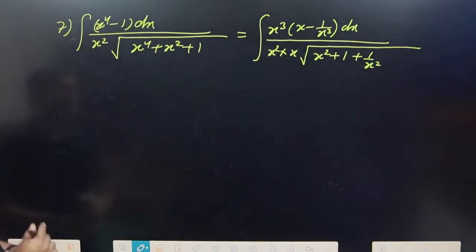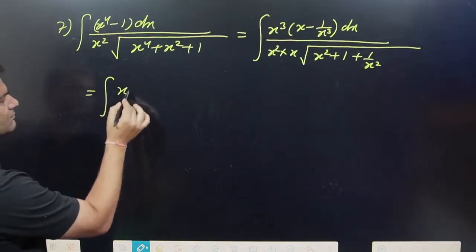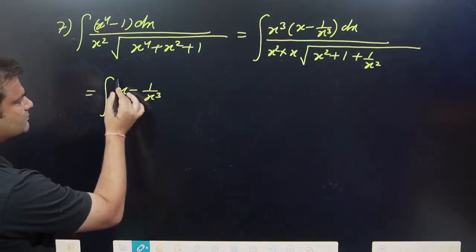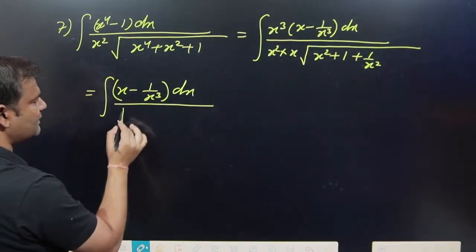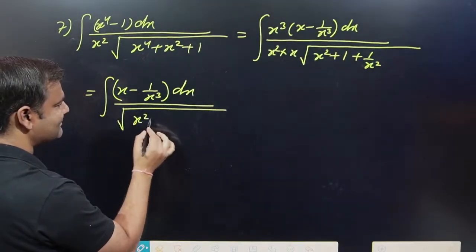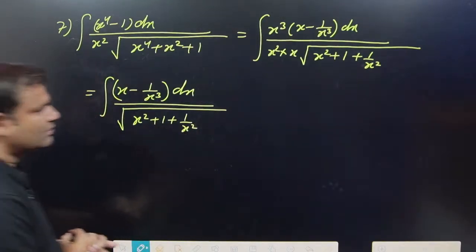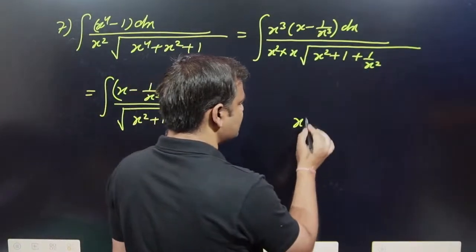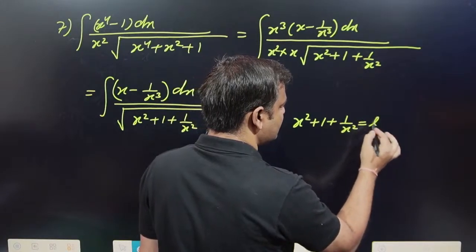Okay, after that look here very carefully. What about that value? Look, x square plus 1 by x square is t square.